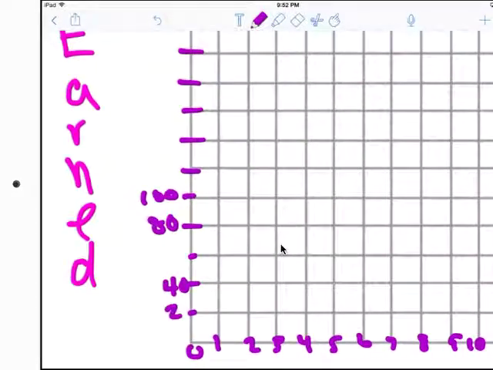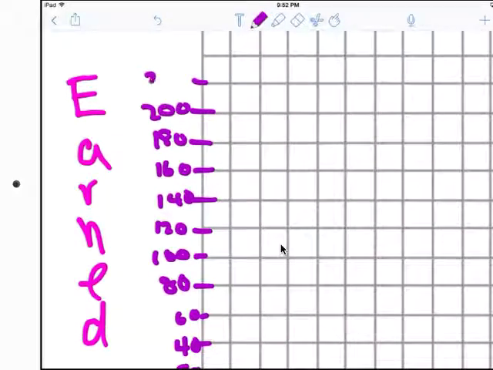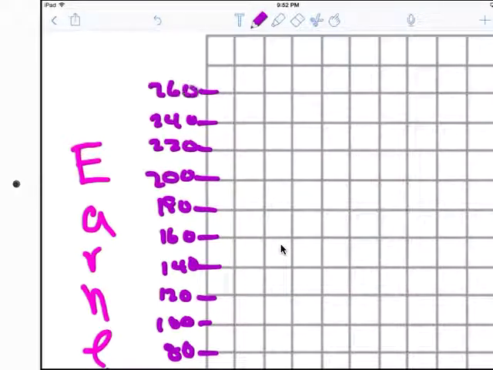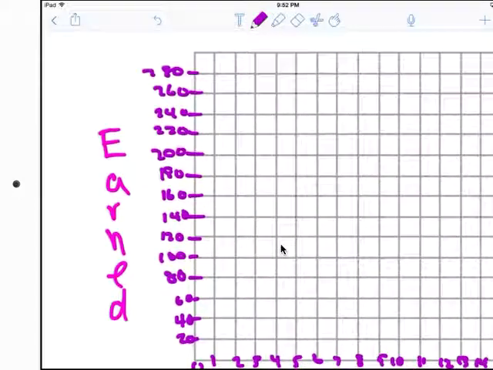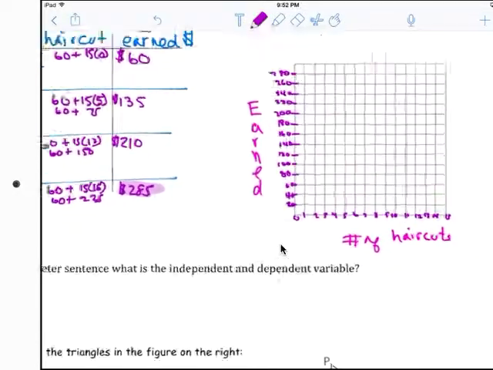So, 20, 40, 60, 80, 100, 120, 140, 160, 180, 200, 220, 240, 260, 280, 300. Okay? So we go 0, 60.